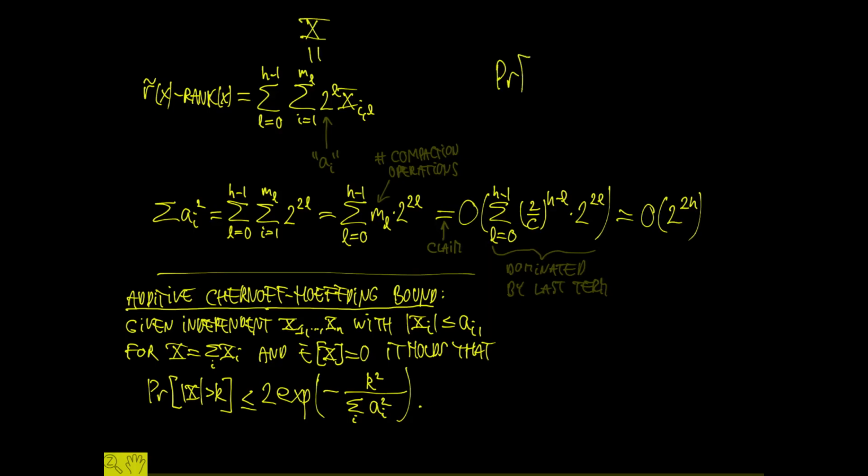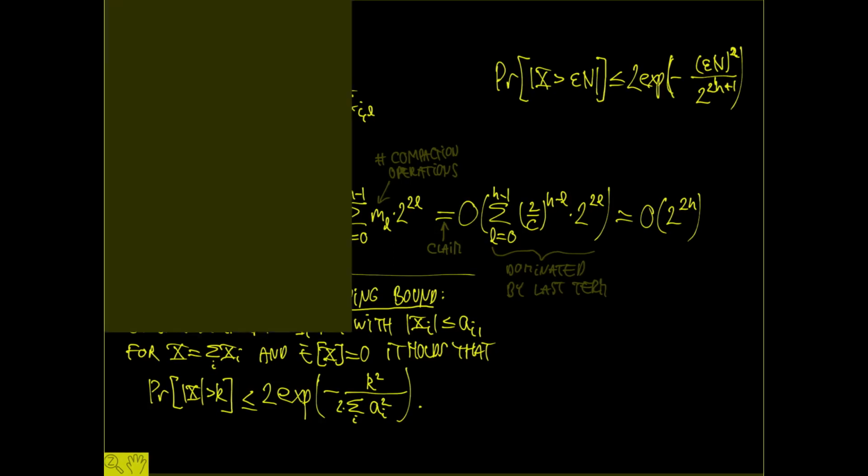Now let's denote the error by x. The probability that x is more than epsilon times n, we can upper bound as being exponentially small in the deviation epsilon n squared divided by the sum of AI squared, which is 2 to the 2h plus 1.